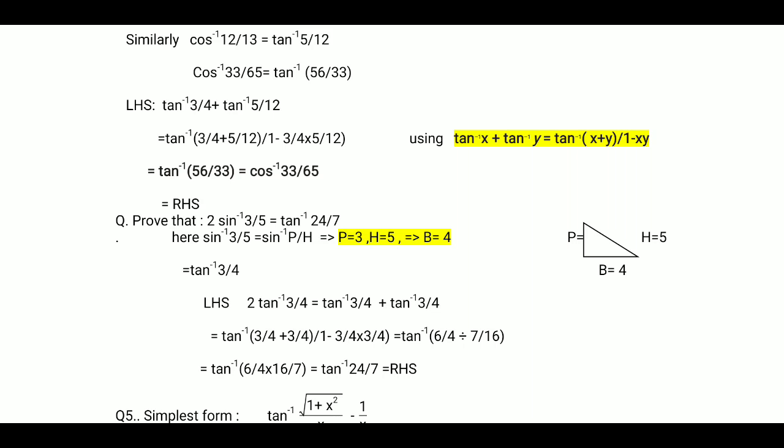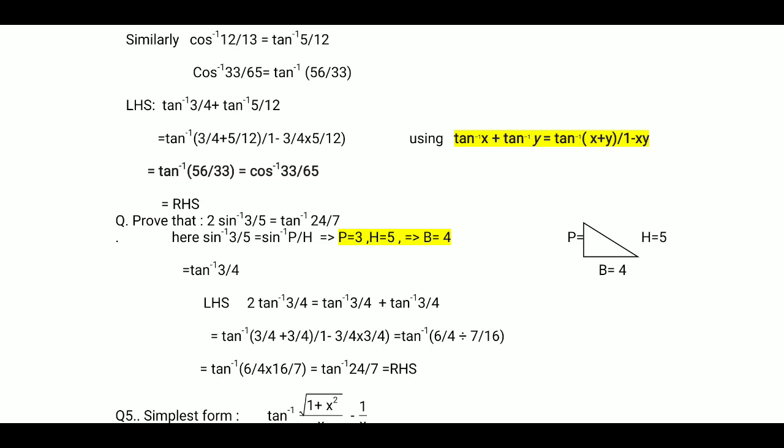So sin inverse 3 by 5 is equal to tan inverse 3 by 4, as perpendicular upon base. So the left hand side of the problem is equal to 2 tan inverse 3 by 4.